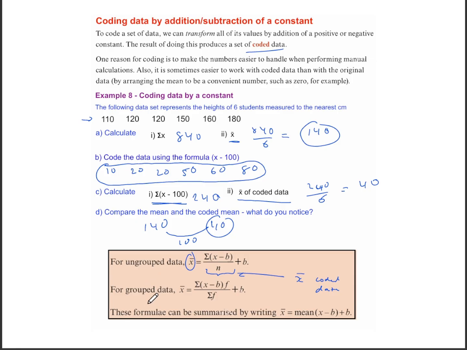And similarly for the group data, using the different notations that we have, where we have to take the midpoint to estimate that mean. This formula can now be summarized by writing that x bar is equal to the mean of your coded data plus the value you subtracted to get your coded data.